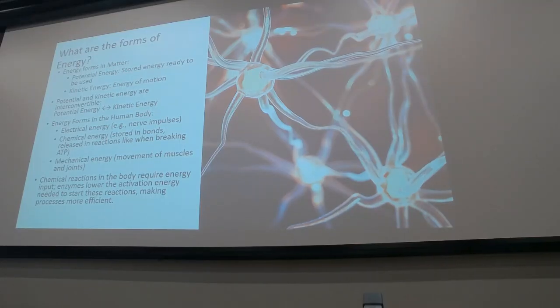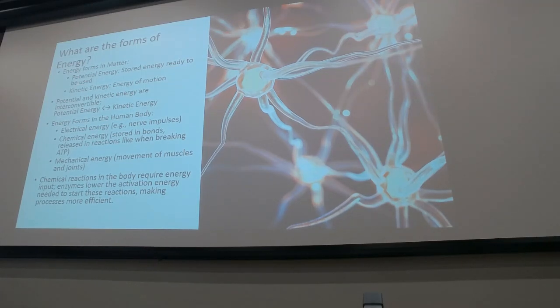Now let's talk about forms of energy. We have different forms of energy, and energy is basically defined as something that is needed for a chemical reaction to happen.